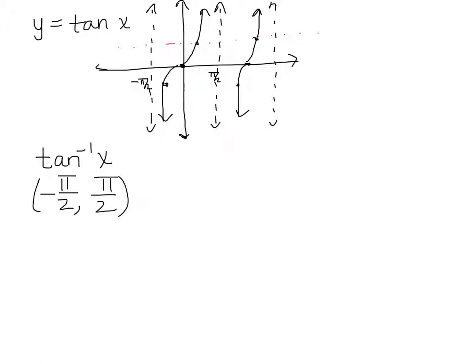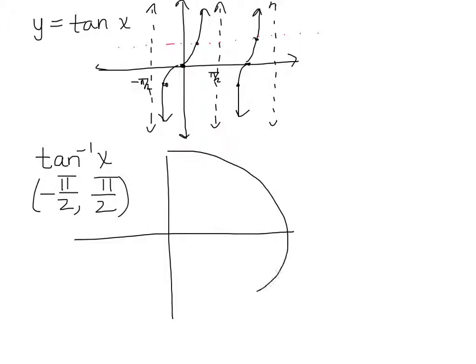So it's similar to sine, but you know it's undefined at those two asymptotes. Okay, so that would also be quadrants 1 and 4. But we can't include pi over 2 and negative pi over 2. So I won't put those values.